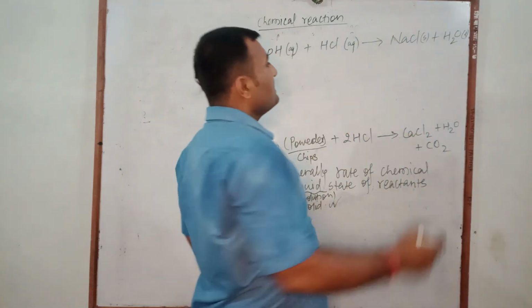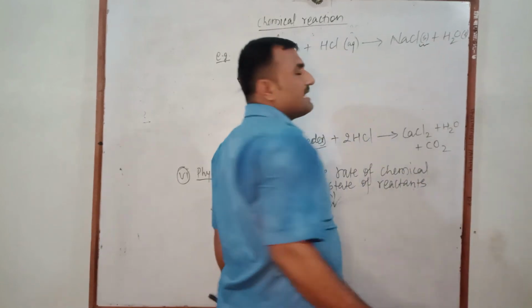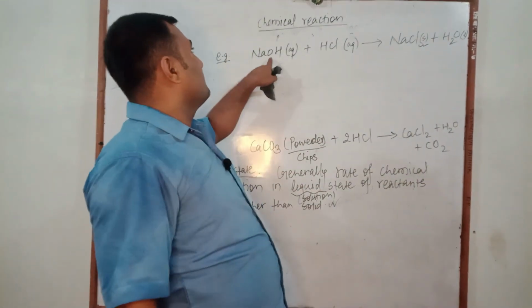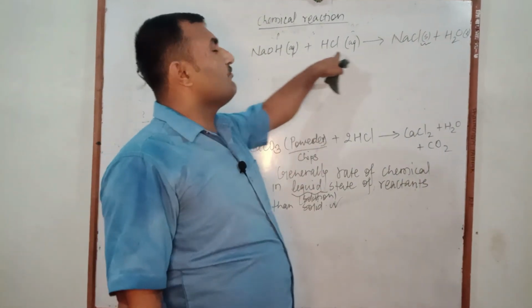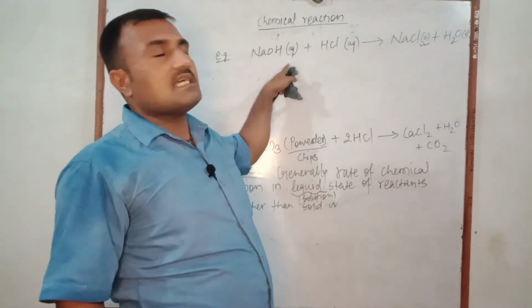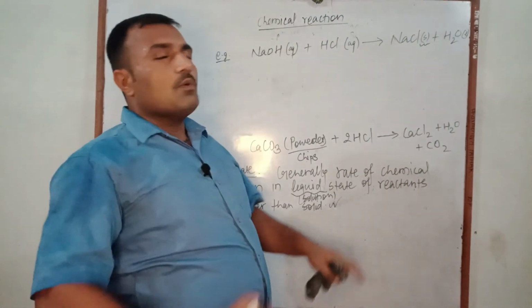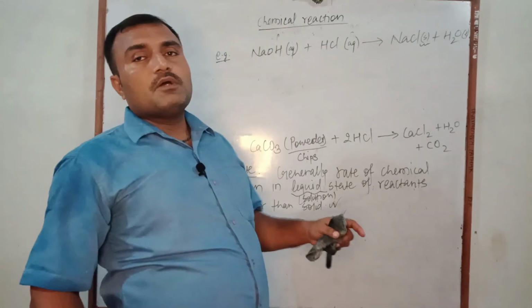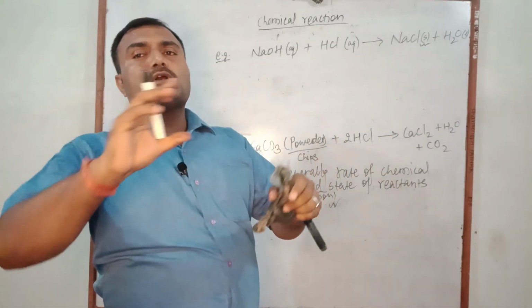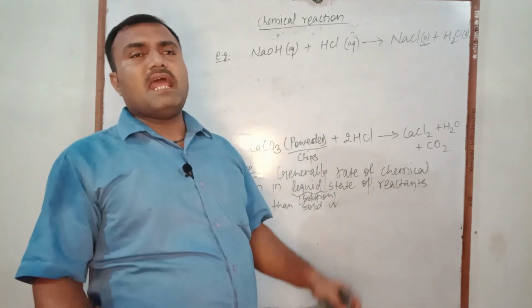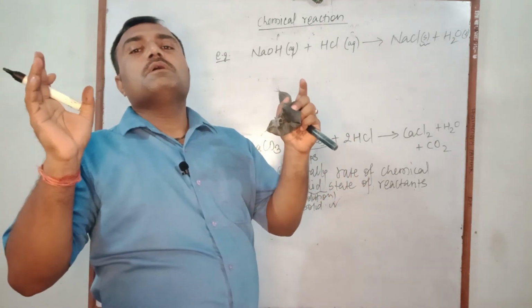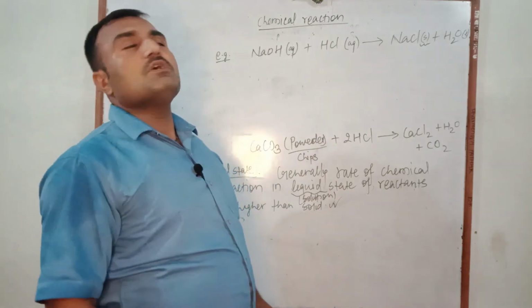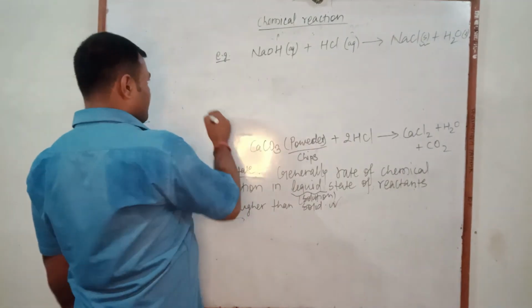But it is found in solution state also, that it remains dissolved in water. When we use another form of that chemical substance, then the rate decreases. Why? Because in liquid or in solution form, reactant molecules completely get mixed and get more chance to react with other reactant molecules.